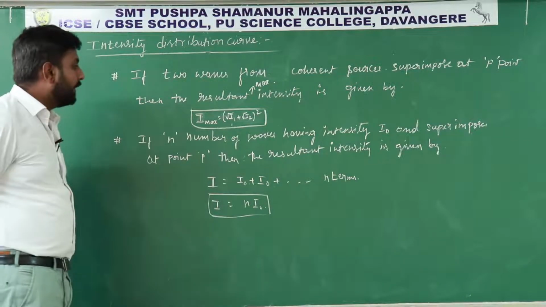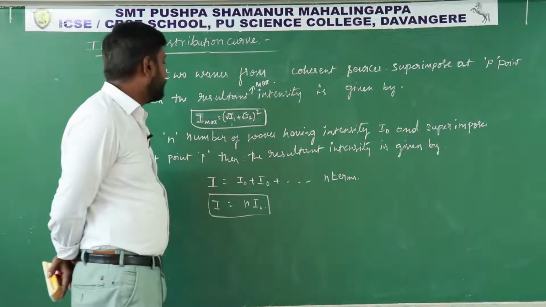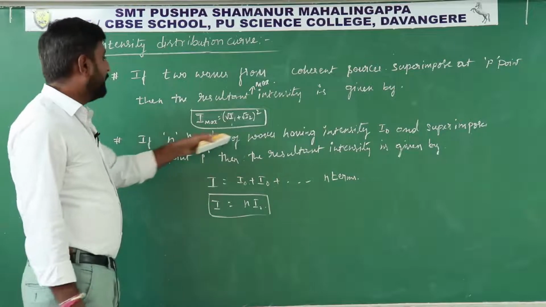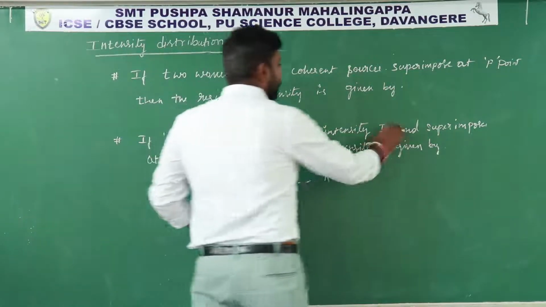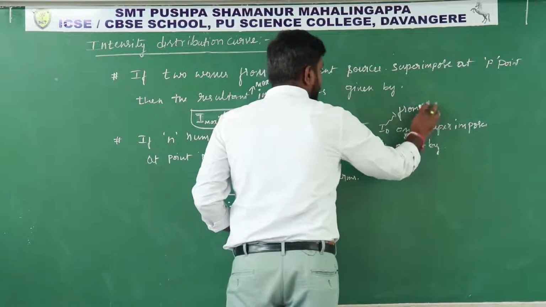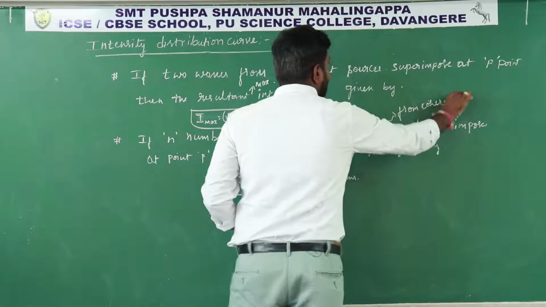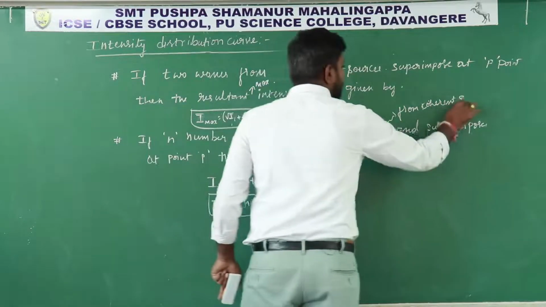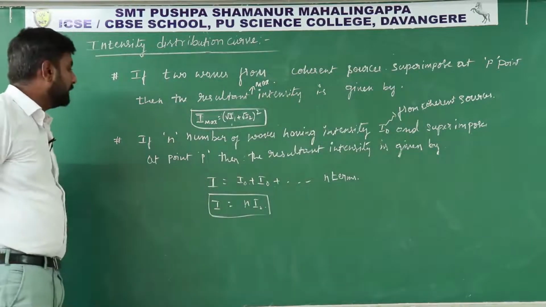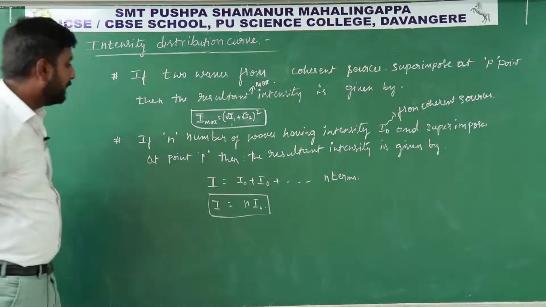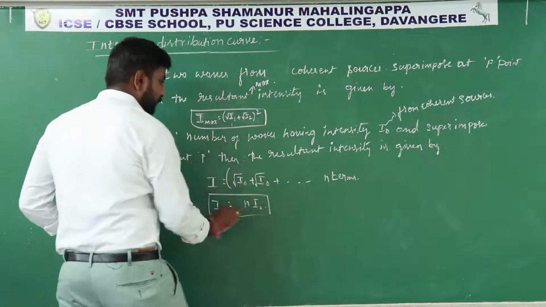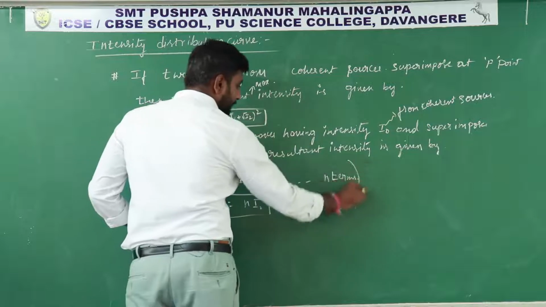And if n number of waves having intensity I naught, previously that was the condition for incoherent sources, right? Now consider coherent sources, and they superimpose at point P, then the resultant intensity is root over I naught plus root over I naught plus up to n terms whole square.